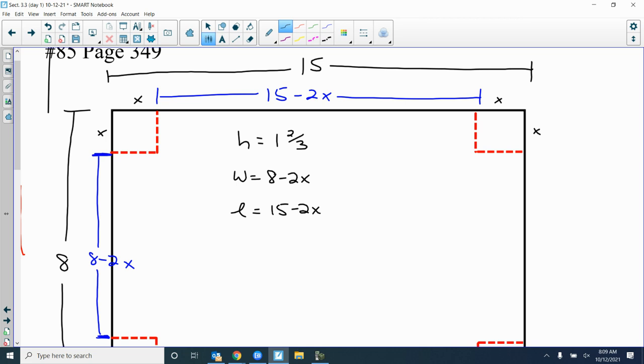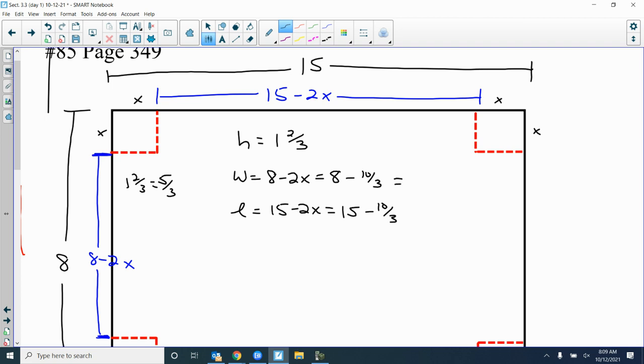You have to be able to take this last step, putting everything together. 1 2/3, what is that? That is 5/3. So this is going to be 8 minus 2 times 5/3, which is 10/3. You can keep it in a decimal, I just like this here.